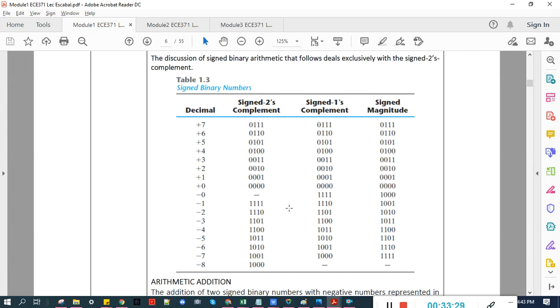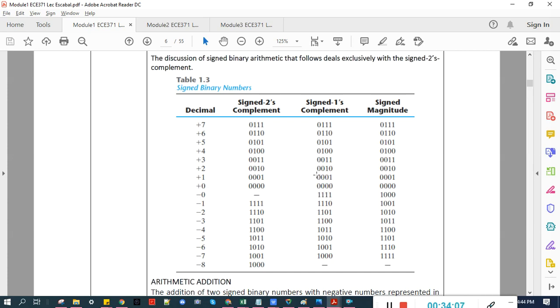But for the negative numbers, and zero, there is positive 0 and negative 0. For signed 1's complement, positive 0 is just 4 zeros. But for the negative 0, we take the 1's complement of 0 0 0 0, so it becomes 1 1 1 1.